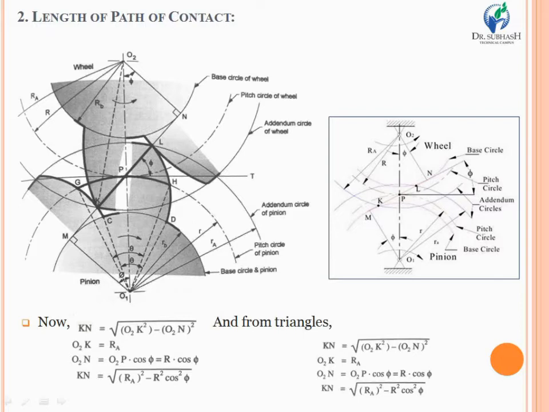Similarly, you have to consider one more triangle, and that triangle is O2PN. Just use the Pythagoras relation over here.